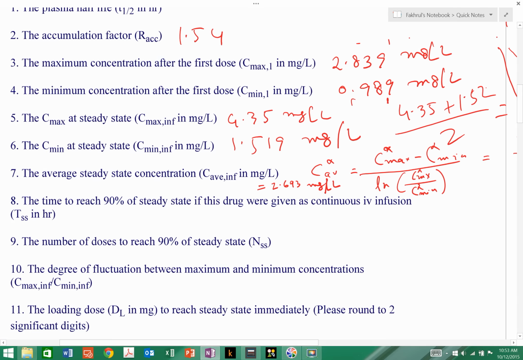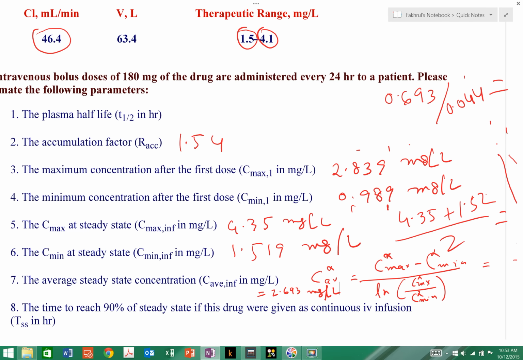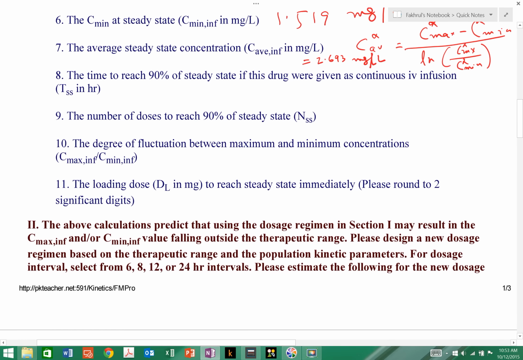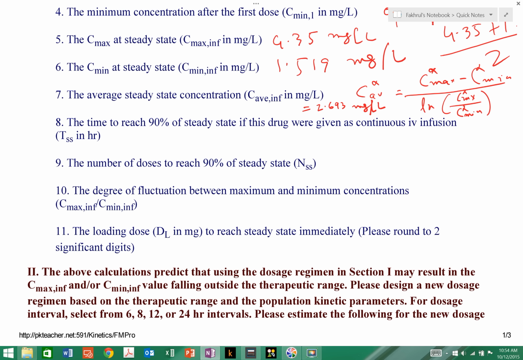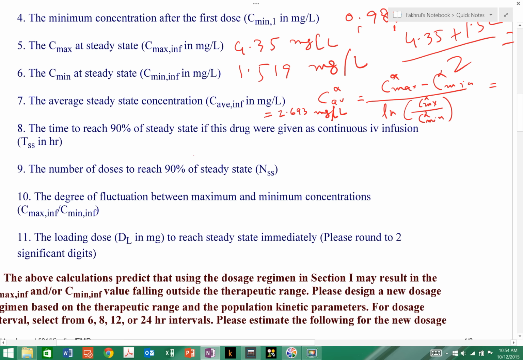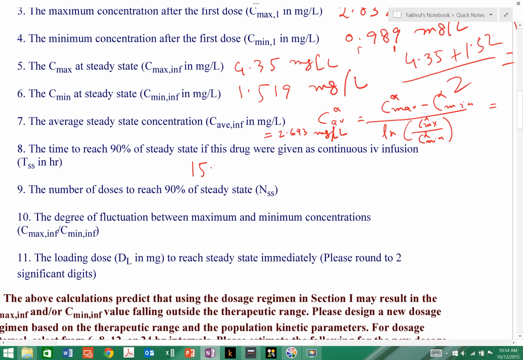Then time to reach 90%, which is very easy, is T half. If you remember, our T half was this one, 15.78 hour. So we know the time to reach 90% of the steady state would be 15.78 times 3.3.